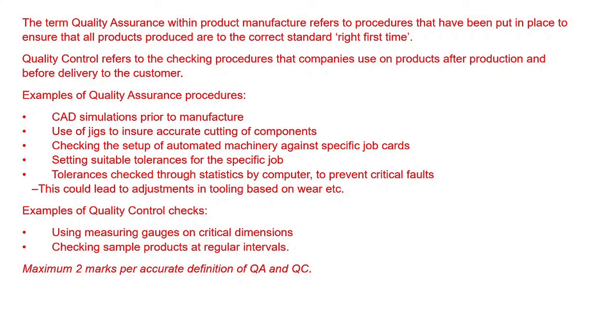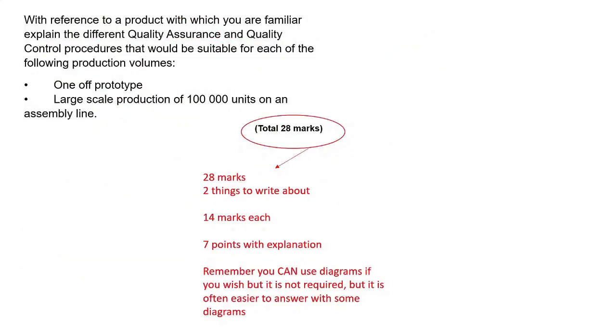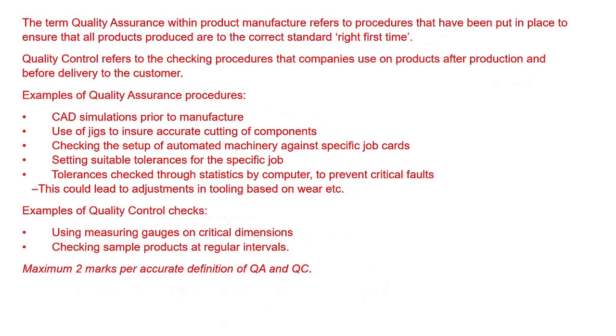So what I would do first of all is I would give a definition of what the term quality control and quality assurance means, and that will give you a couple of marks first of all, and then for the product, obviously depending on what you've picked matters.